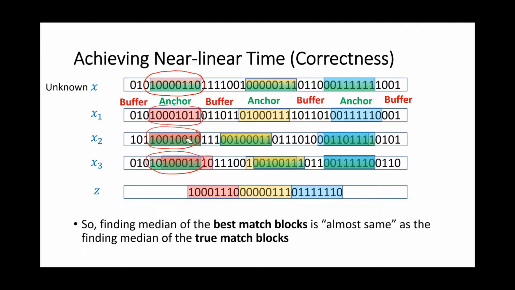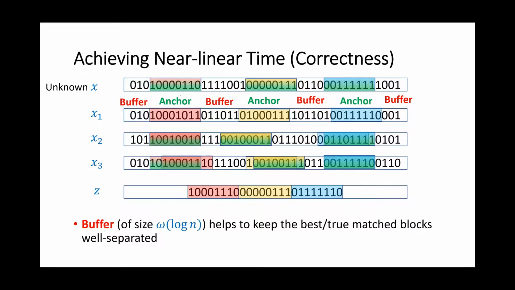But now instead of true matches, we have best matches. But since they are close enough, essentially their output will be the same. And that's why we can still argue that one block of C will be very close to the corresponding block of X. Okay.